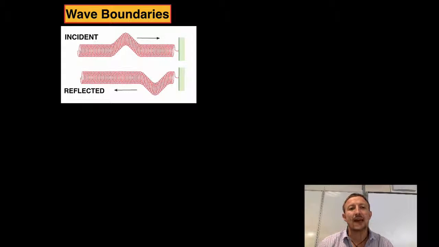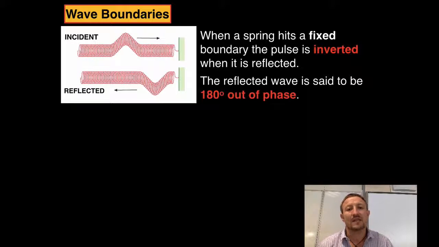So to recap, when a wave hits a solid boundary that is immovable, its reflected wave is sent back and it is inverted. We state that it's 180 degrees out of phase. If you think about the wave as a sine wave, you've got your top portion being the positive and the bottom portion being the negative.